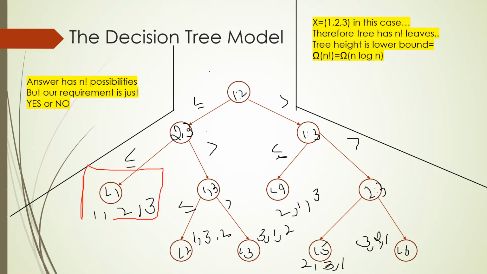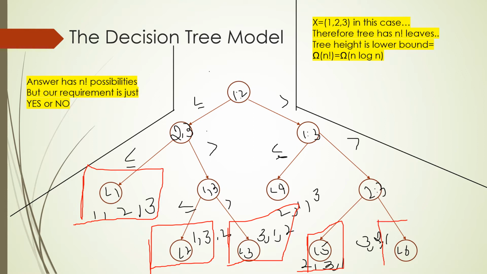The sorted output can be of L leaf nodes, and the number of leaf nodes is usually n factorial, n being the number of elements. Here we have 6 because we have 3 numbers, and 3 factorial is 6.